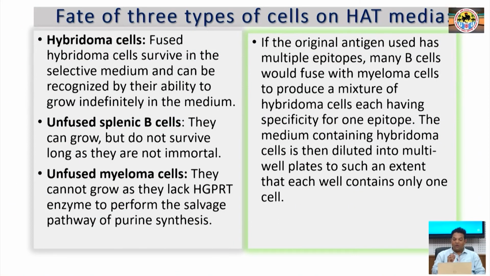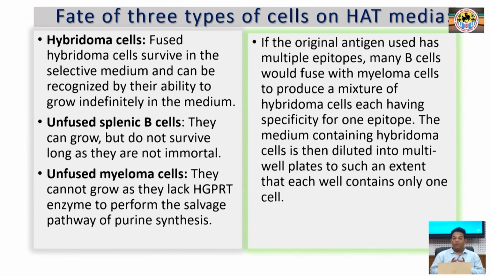So, unfused splenic cells and unfused myeloma cells. Unfused myeloma cells cannot grow as they lack the SGPRT enzyme, so they can't use that particular pathway for their purine synthesis.